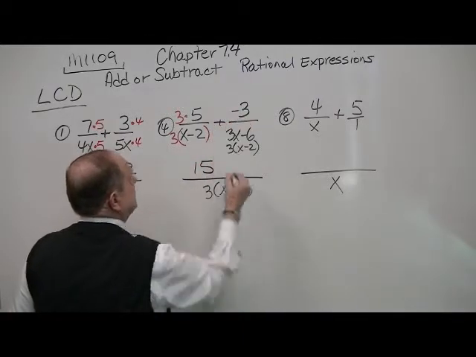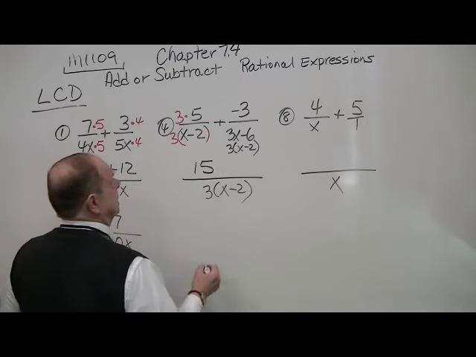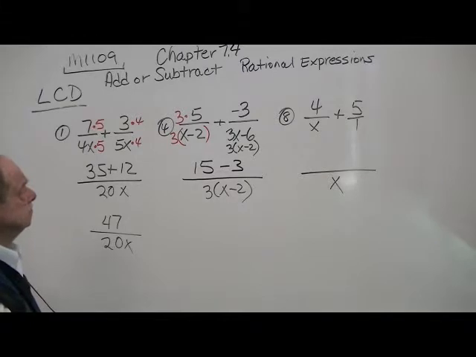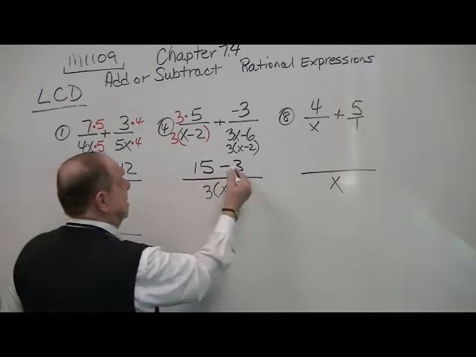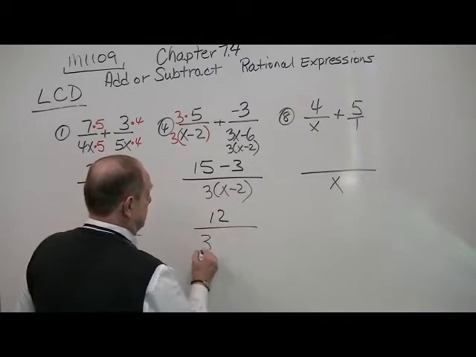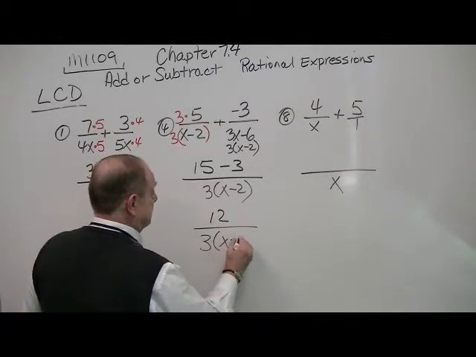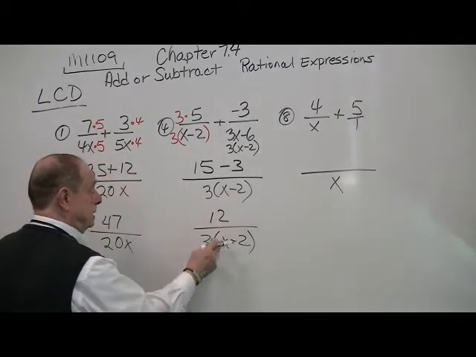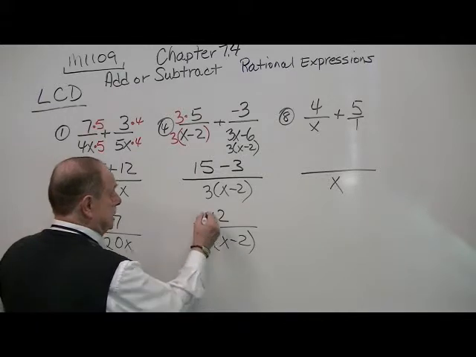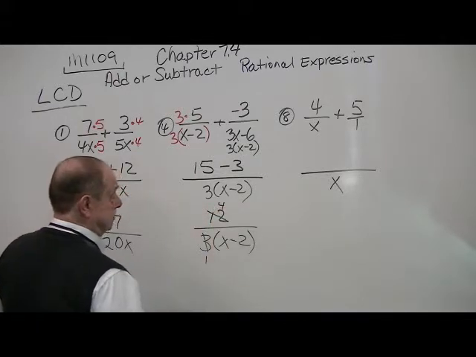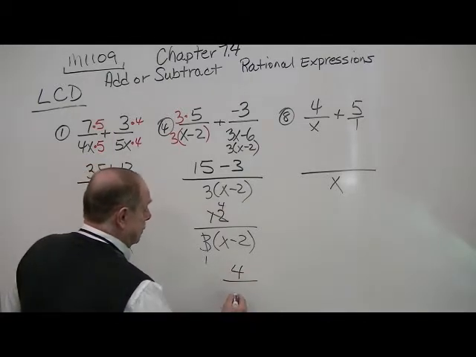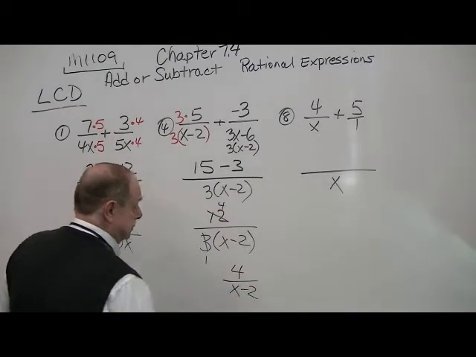And remember, we can always move the negative sign up there, and that's minus 3. So 15 minus 3 is 12 over 3 times x minus 2. I'm not going to forget, I can do some canceling out now. 3 goes into there once, goes into there 4 times. So my final answer is 4 over x minus 2.